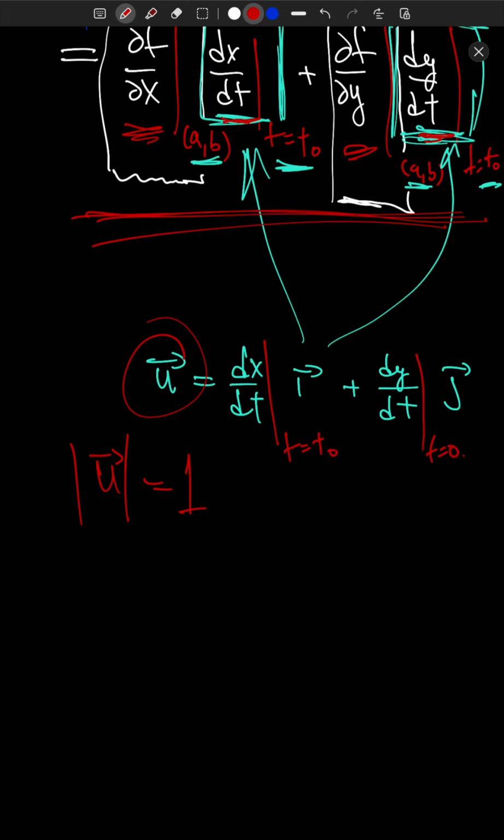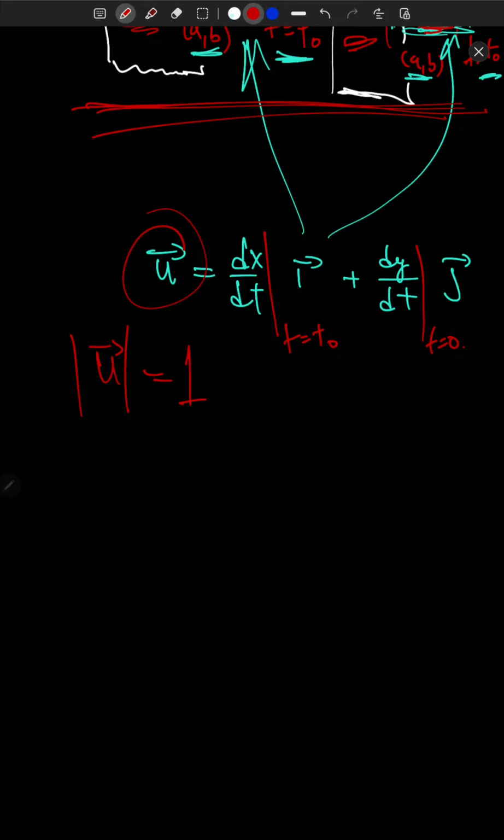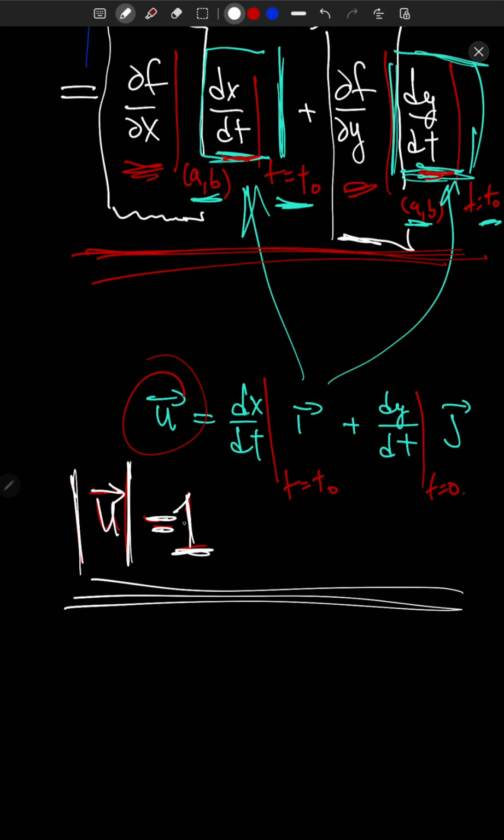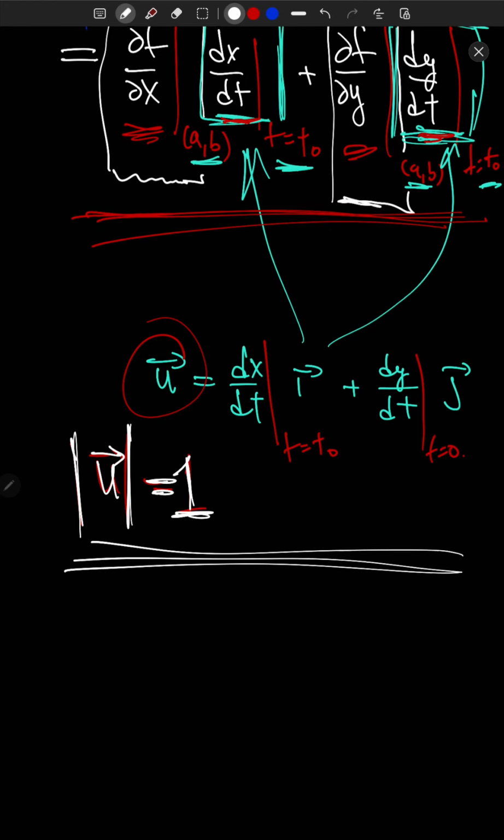Because no matter how you try to do it, with whatever parameterization you choose, you're going to get the same answer, as long as, of course, you follow the condition that you're using the same direction and the length should be 1. In other words, the length of u equals 1.